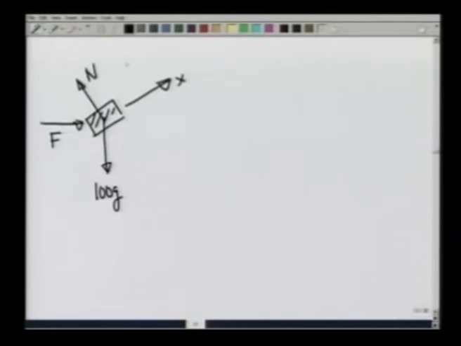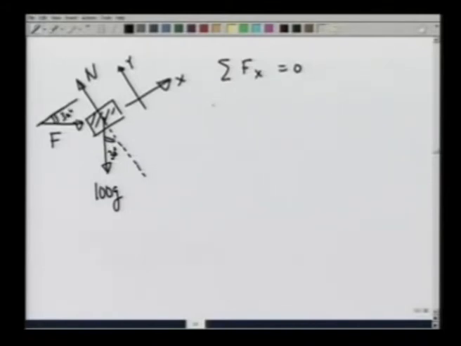What I have is this block, 100 g pulling it down, n acting this way and f in this way. Let me take this to be the x axis and this to be the y axis.